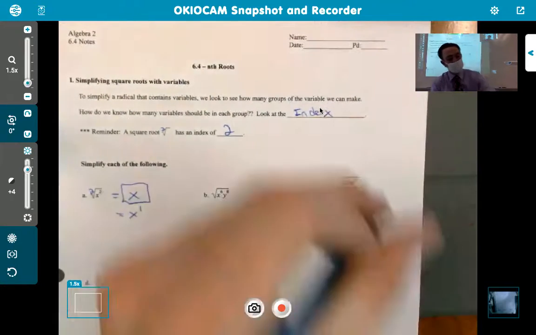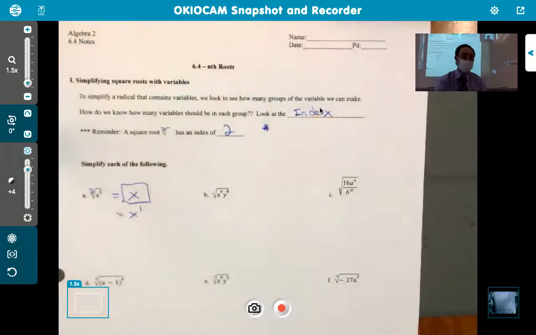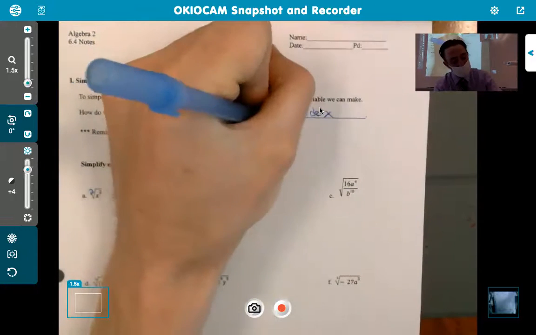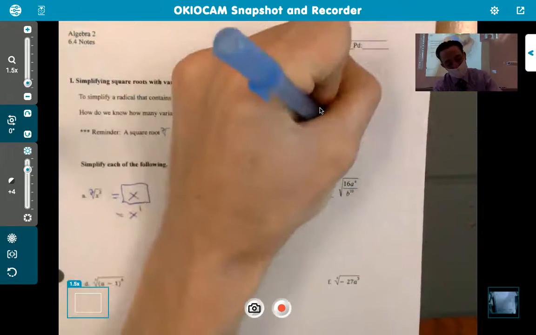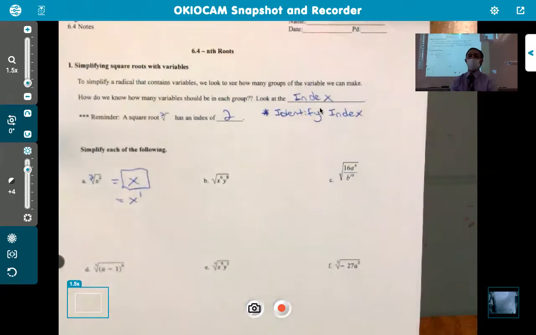Okay. In this margin over here, I'm just going to formulate some steps for us to keep glancing at as we're going through these problems. The first thing that we need to do is identify what that index is. So identify the index. Am I taking the square root? Am I taking the third root, the fourth root, so on and so forth?